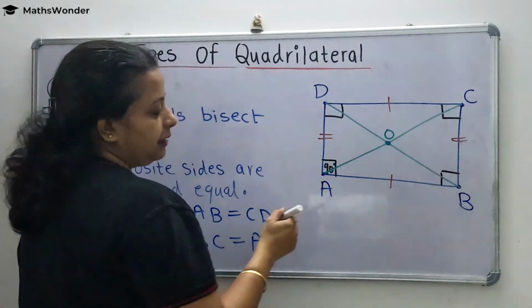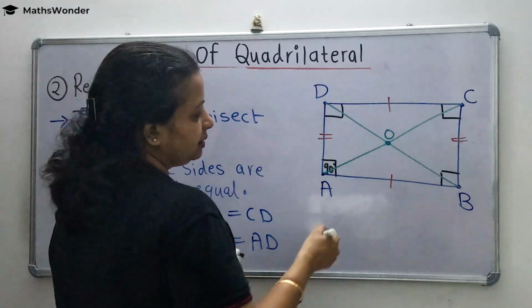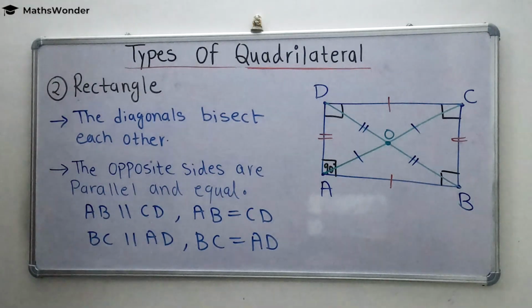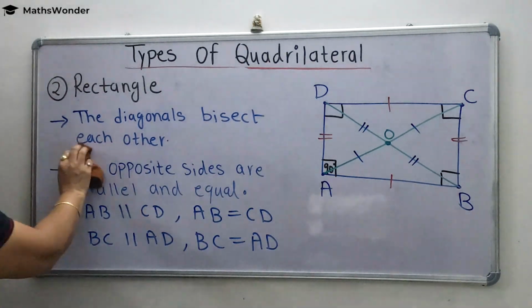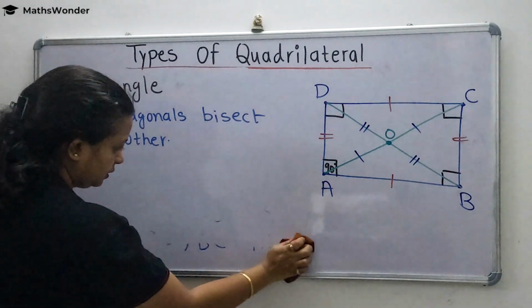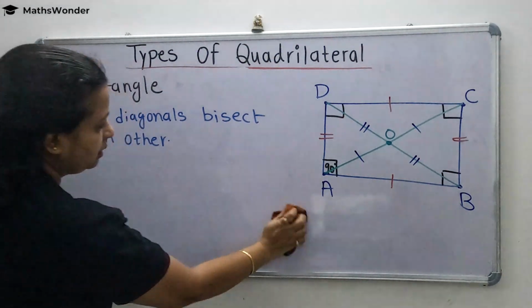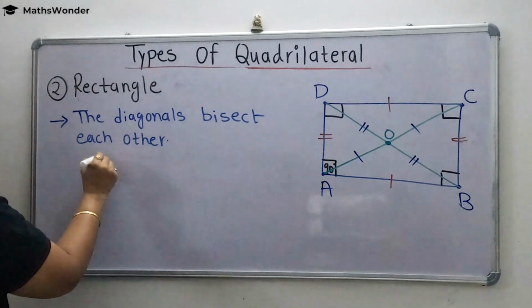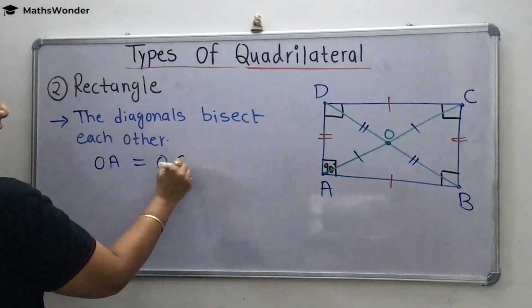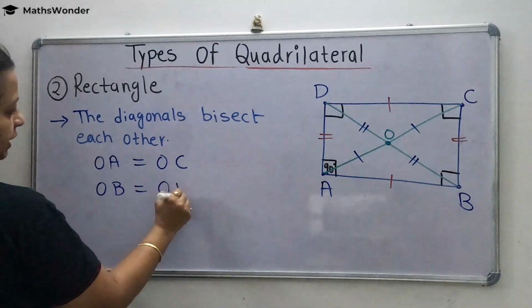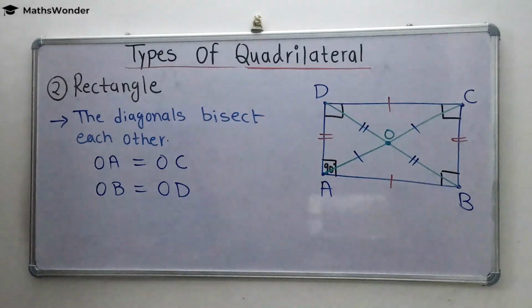So they will bisect each other. This equals this and this equals this. So how can you write it? You will write it the same. OA is equal to OC and the other pair is OB is equal to OD. That's it. We have three important properties of a rectangle.